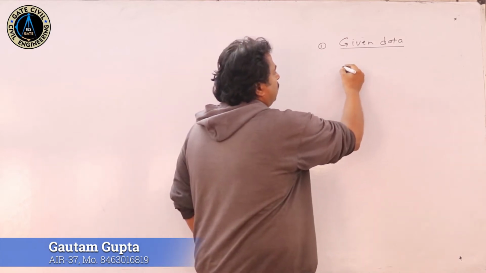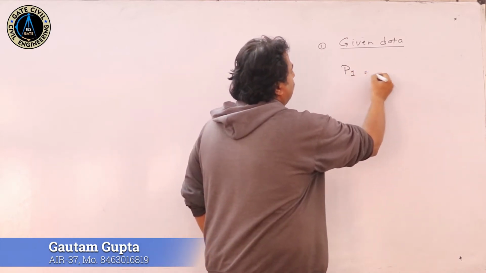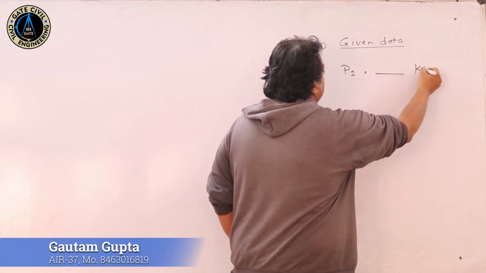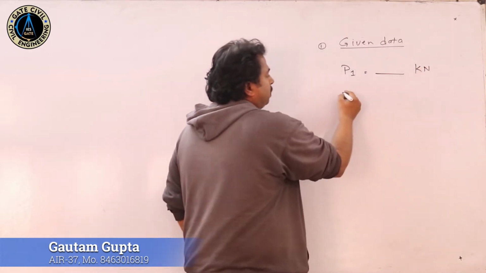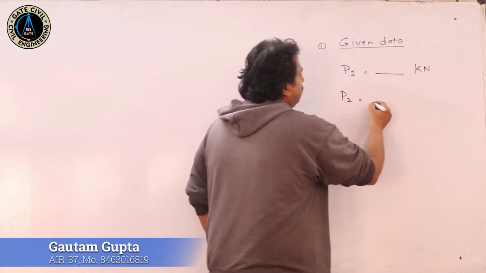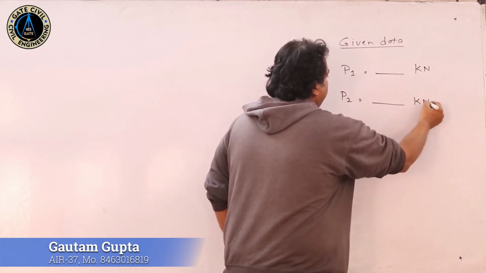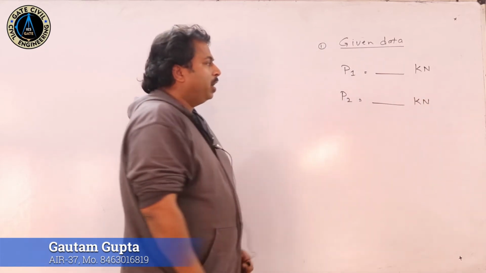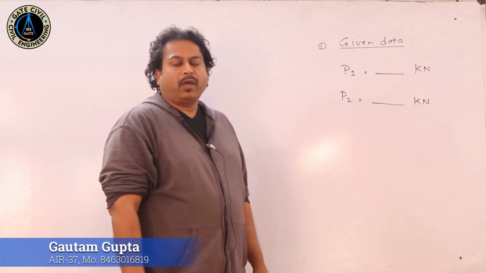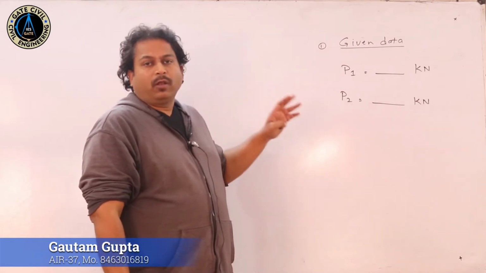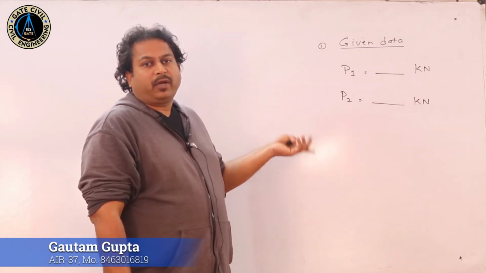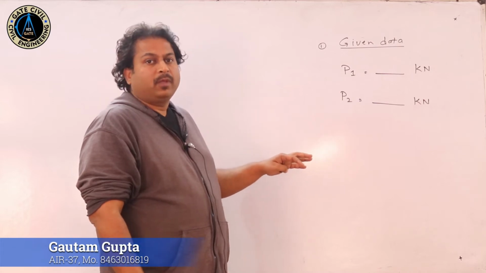So P1 in kilonewton, P2 also provided in kilonewton. In the question that you are provided, you have to always check if the loads given to you are factored or unfactored.